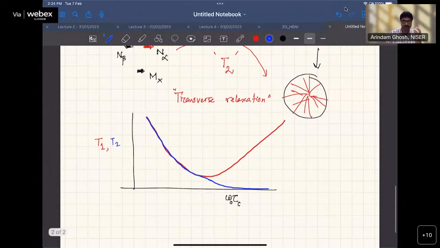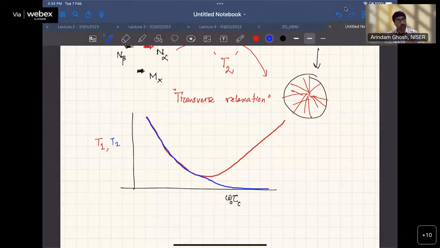In a particular spectrometer, omega 0 is fixed. The Larmor frequency of proton is fixed, 400 megahertz or 700 megahertz, whatever spectrometer you're using. Then omega tau c increasing simply means tau c is increasing, because omega 0 is already fixed. Tau c increasing means it takes, on average, a longer time for the molecule to rotate by one full rotation, if we define it that way.